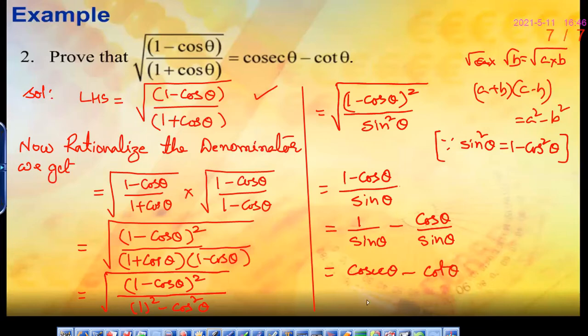So when you are applying here, you have to write in the brackets, since cosecant theta is equal to 1 upon sin theta and cot theta is equal to cos theta upon sin theta, we got RHS. Therefore, LHS is equal to RHS. Hence proved. This is how we need to solve this problem.